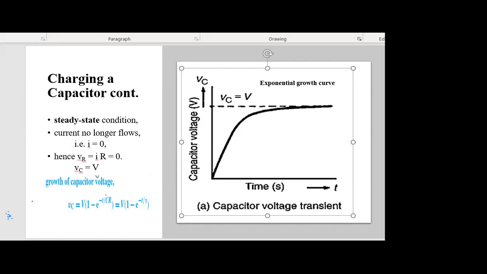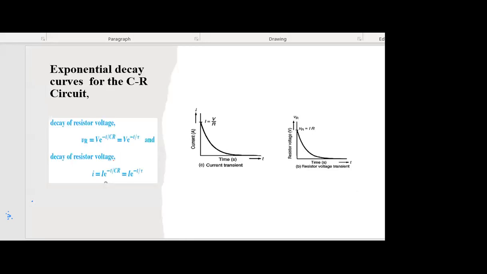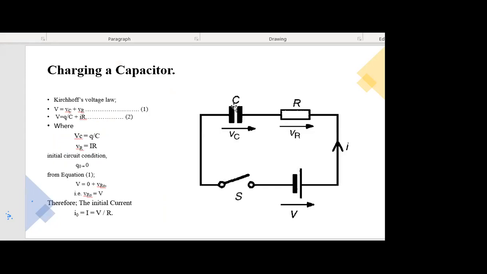So when we look at another graph, the decay curves. Remember in our circuit, we have the capacitor, we have the resistor, we have the current.